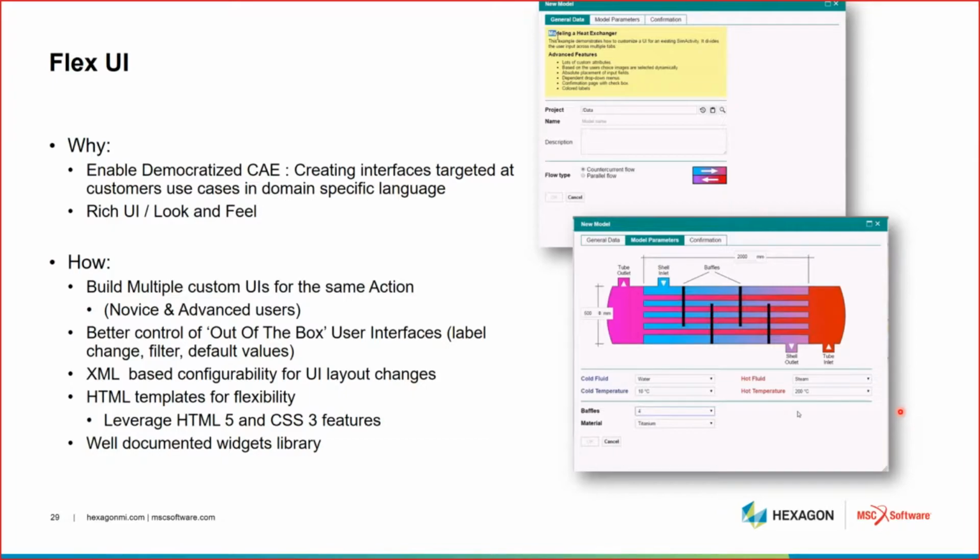So you may have one interface for novice users and a completely different interface for advanced users. But this again is an interface and a capability which is available out of the box with the Flex UI components that allow you to potentially go all the way to something like this that you see on the right hand side, or maybe just work on small changes to the standard UI that you have within SimManager.